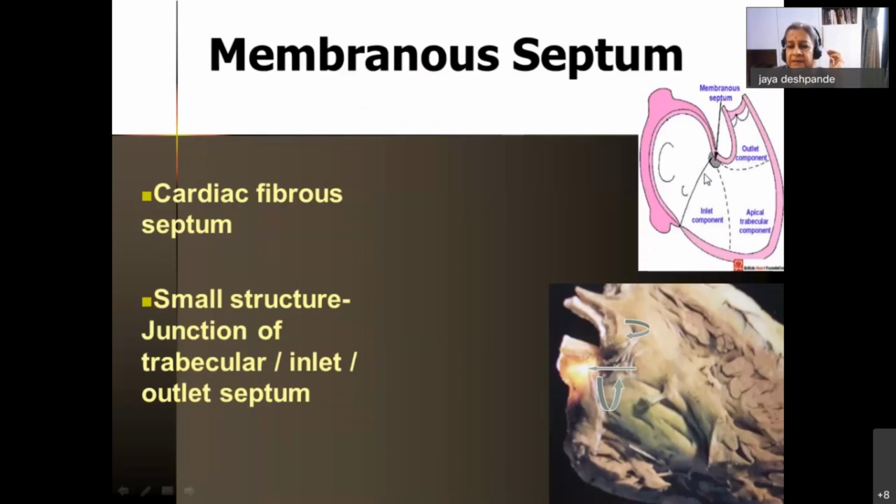So you see here, this is a diagrammatic representation. This is the membranous septum, inlet component, apical trabecular, and outlet component. So it is a very small structure here that you see, which brings together all these three segments of the muscular septum.